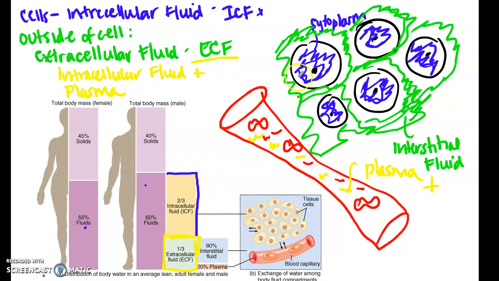So 80% of that is the interstitial fluid, and 20% of it is the plasma in the blood.